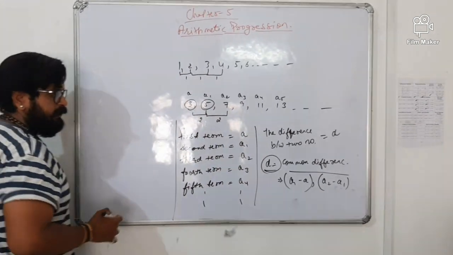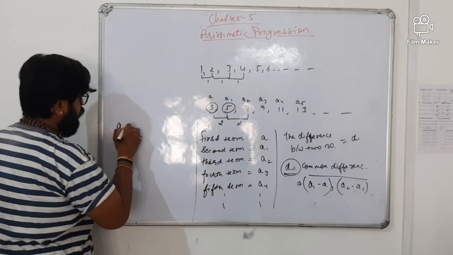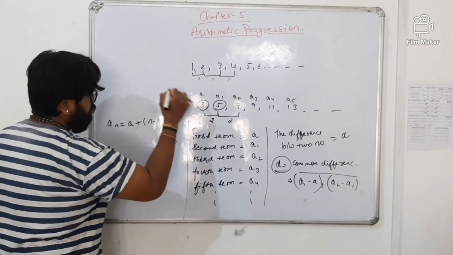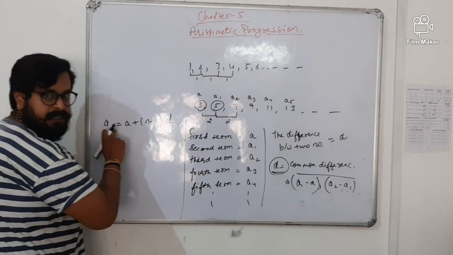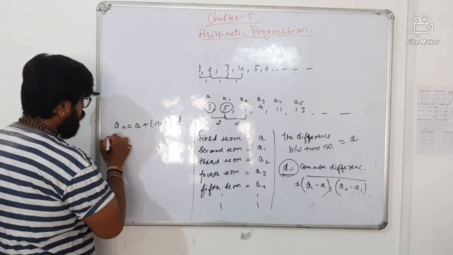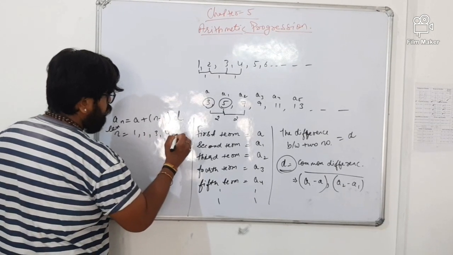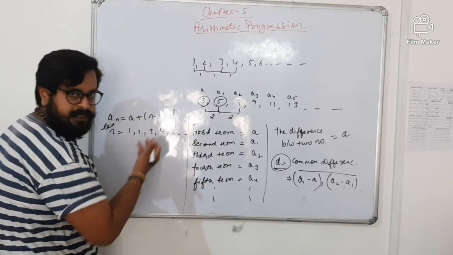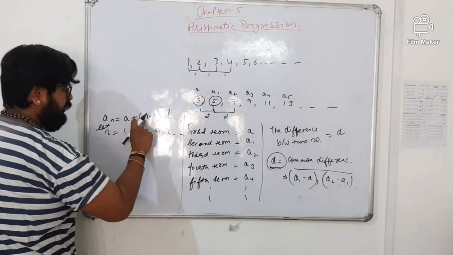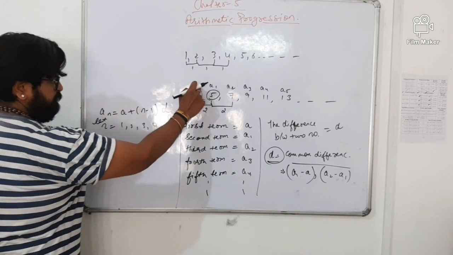Now this pattern is followed by one formula, that is An is equal to A plus (n minus 1) D. What is An? n means any number. Let n be 1, 2, 3, 4, 5, any number, D is the common difference, and A is the first term.